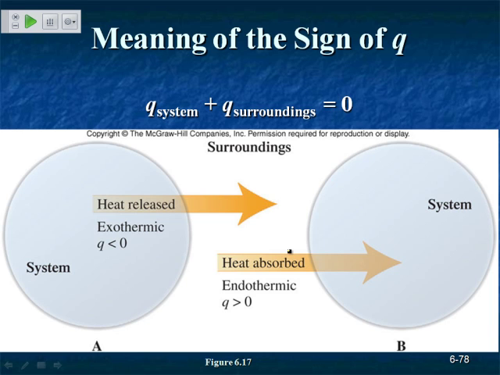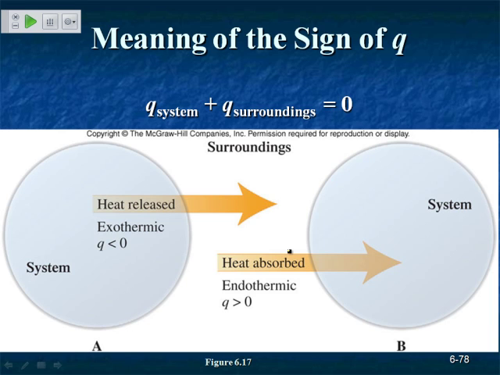First of all, the words system and surroundings. Those two words, we would use very often when we discuss thermochemistry. System is anything that you are interested in, the object you are studying, the chemical reaction you are looking at. That is called the system. Everything else is surroundings.